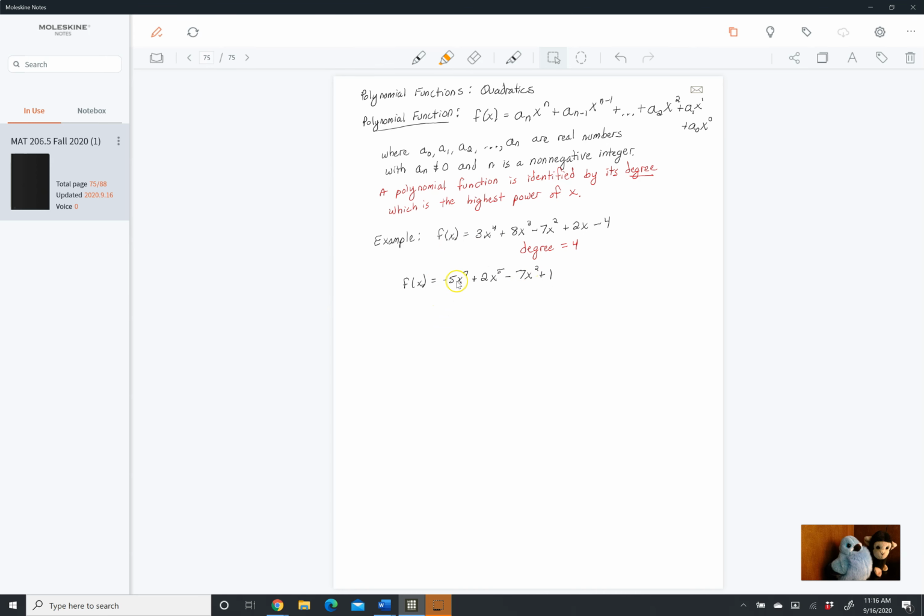Every term, so our terms are divided by plus or minus signs, has a coefficient, a value, a variable, and an integral power. We say integral because these have to be integers. The degree here is 7. That's the highest power of x.